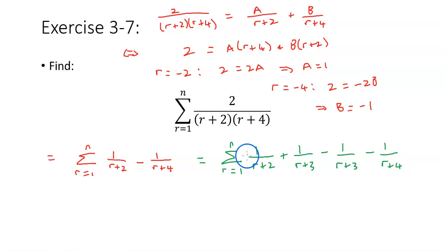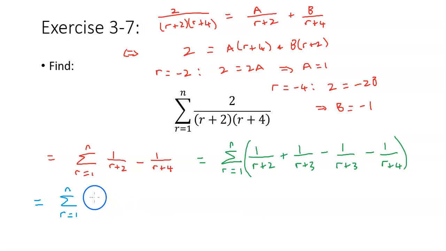And then we can go ahead and use the distributive property of our sum here. So we can actually write that as the sum from r equals 1 to n, and it actually doesn't matter which order we add these things in.